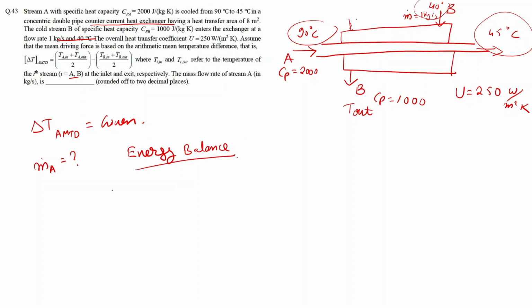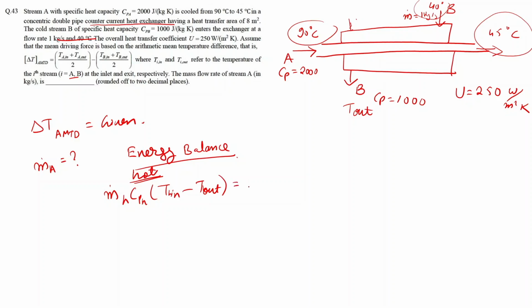So for the hot fluid we can write it as m dot h into Cp of h into temperature difference T in minus T out of, let's say, h.